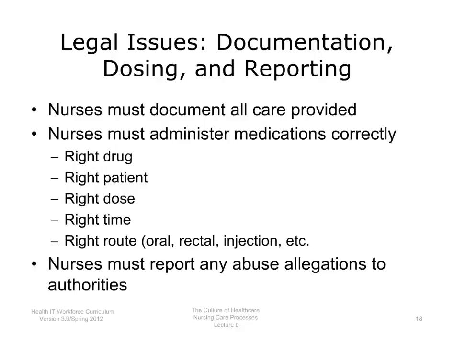Nurses are expected to give the right drug to the right patient, at the right dose, at the right time, and by the right route. If a patient shares that they or someone else were abused, nurses are legally obligated to report this to the appropriate authorities. For example, a patient might make an allegation of domestic abuse, child abuse, or sexual abuse.